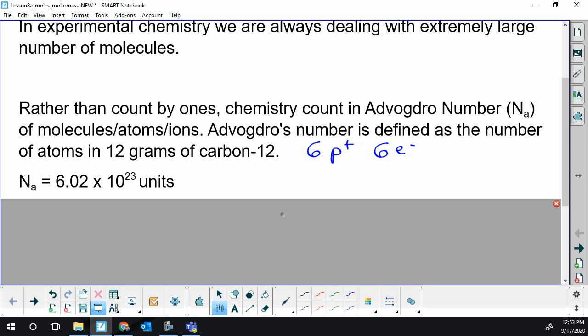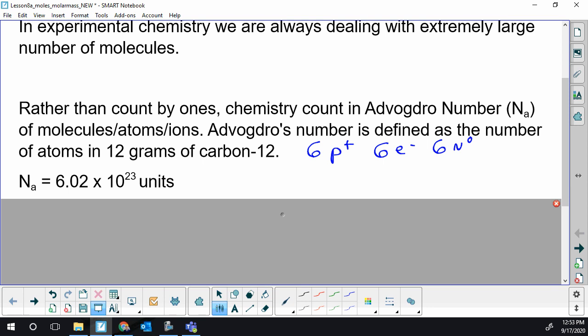And the 12 version has 6 neutrons. Not every form of carbon has a mass of 12 and has 6 neutrons with no charge. But that's the isotope that he was counting. 12 grams of that isotope happens to be 6.02 times 10 to the 23 units, or in this case, carbon.